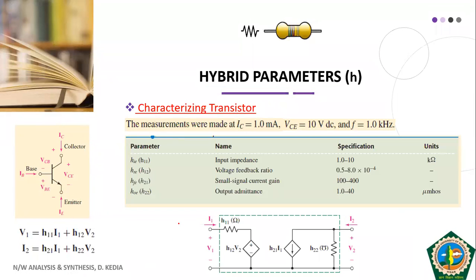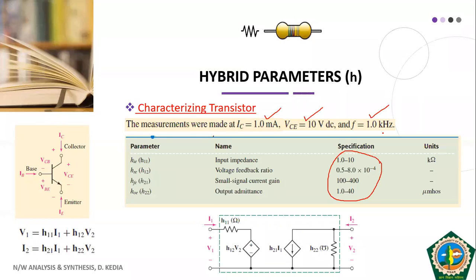For your reference, I have included one table here. If you look at the data sheet of any transistor, these are the values of those H parameters or transistor parameters. These values are defined at IC equal to 1 milliampere, VCE equal to 10 volts, and even the frequency has been specified, equal to 1 kilohertz.